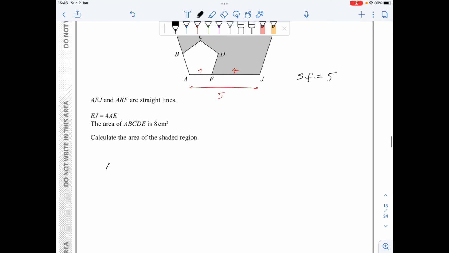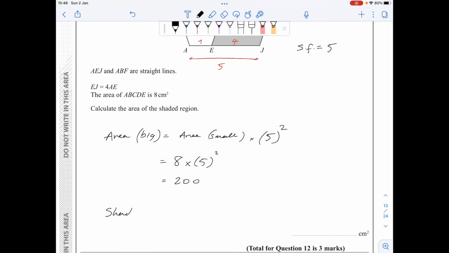So the area of the big pentagon is the area of the small pentagon times my scale factor squared, which is equal to 8 times 5 squared, which comes out to be 200. So the shaded area is equal to 200 minus the white one, which is 8. So the shaded area is 192.